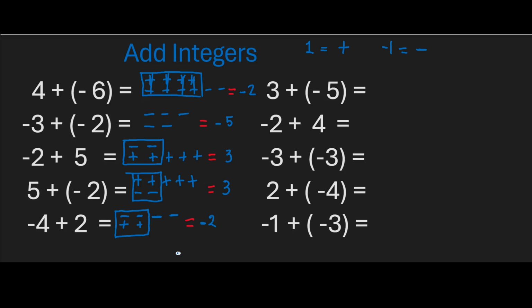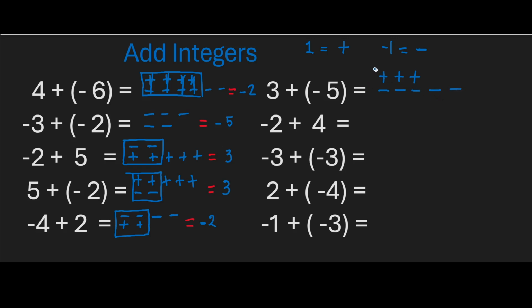Okay. So the next one. For the next one, I have +3. So I'm going to write three positives. 1, 2, and 3. And to this, I'm going to be adding 5 negatives. So it's going to be 1, 2, 3, 4, and 5.